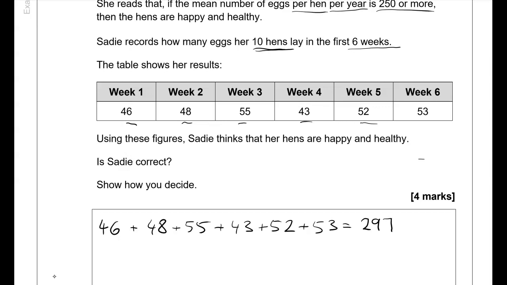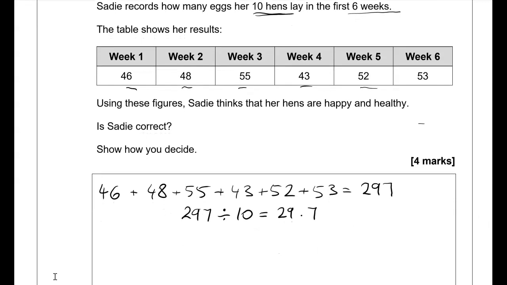So if I want to work this out for one hen, because 250 is for one hen, I'm going to do 297 divided by 10, and that gives me 29.7 eggs for 6 weeks.